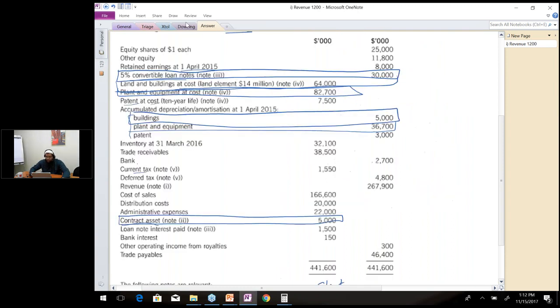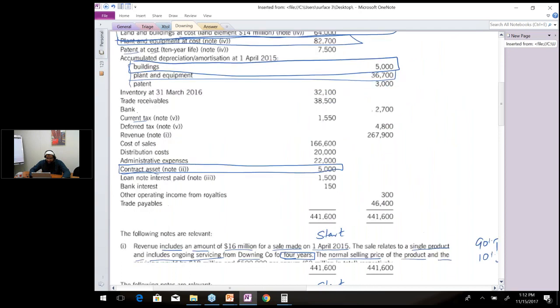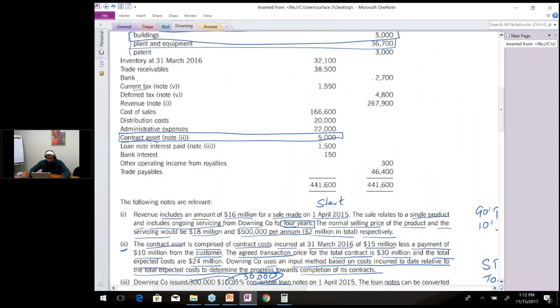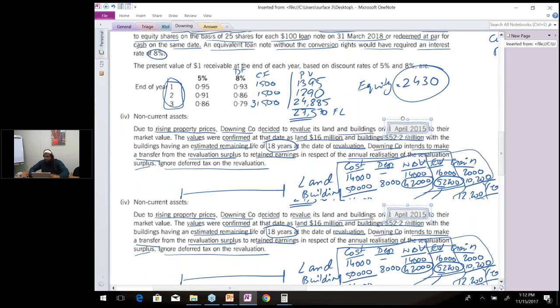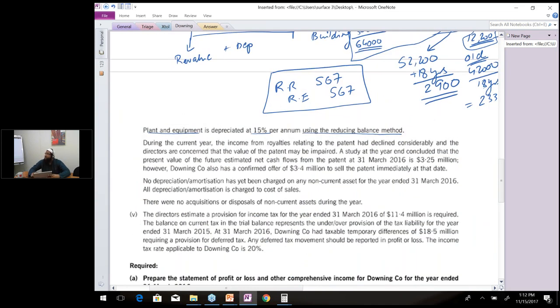Okay, now there is one more area in adjustment number 4. The question further says that during the current year, the income from royalties relating to the patent had declined considerably, and the directors are concerned that the value of the patent may be impaired.